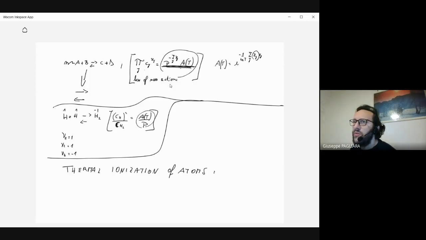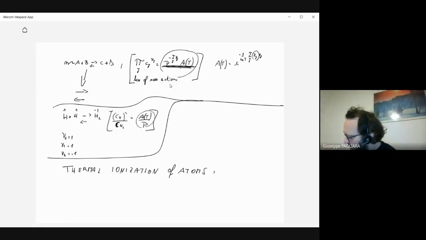Okay, so this could be, for instance, typically the situation in stars, or it could be also the situation in the early universe, in which you have a separation between atoms and ions and electrons. Okay, so it's a very important process, and we can study this process by using the law of mass action.